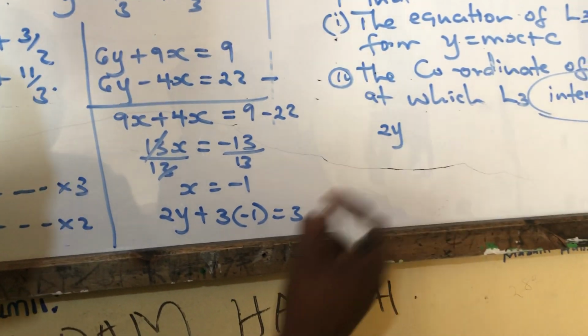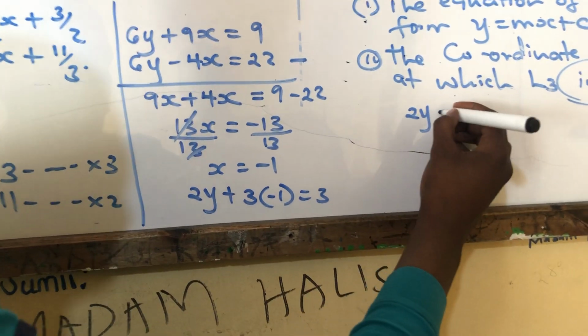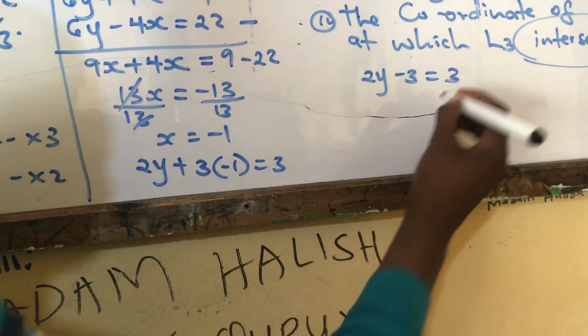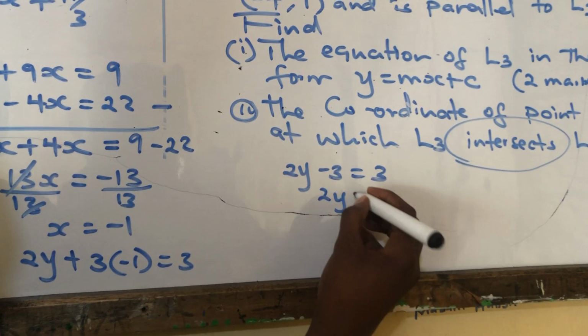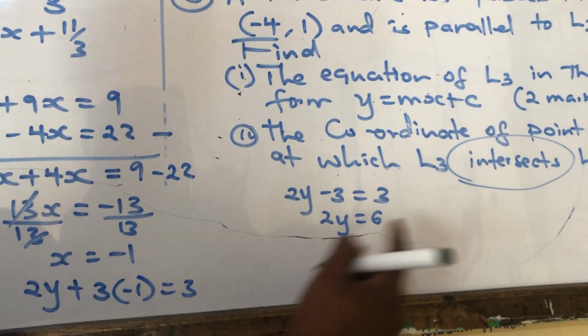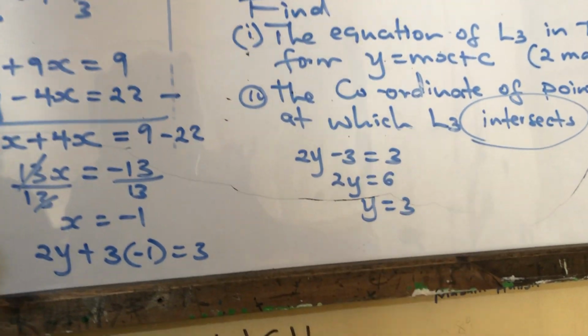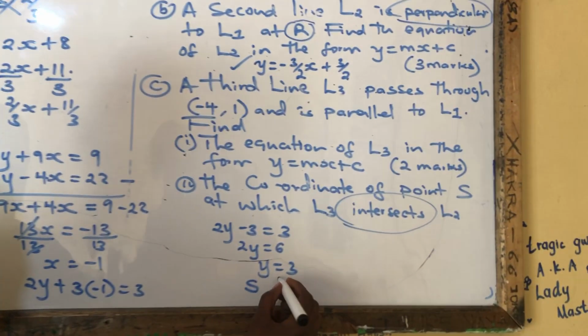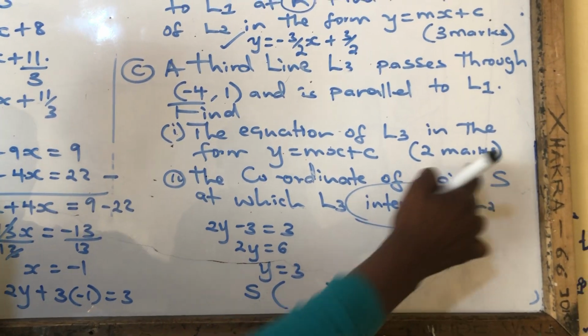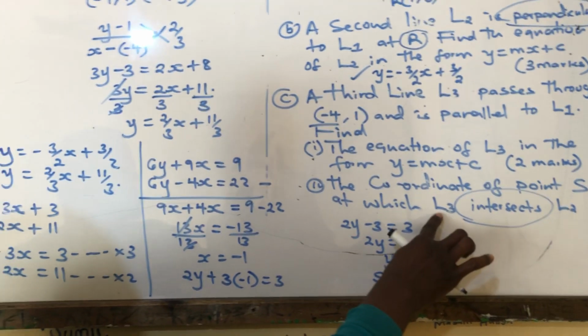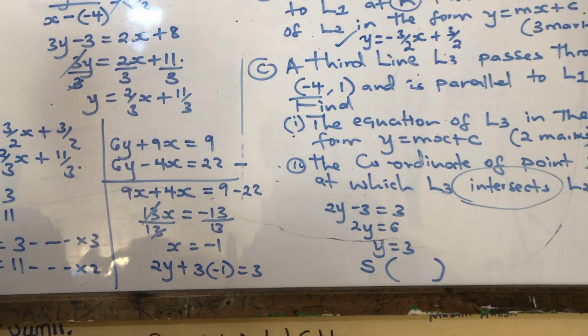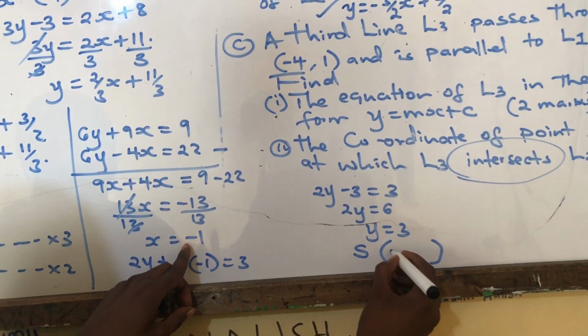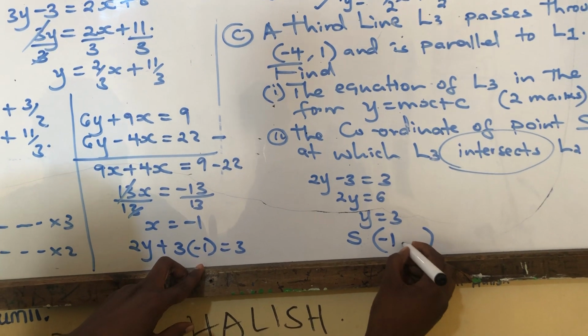So 2y, 3 times negative 1 is negative 3, is equal to 3. 2y is equal to 6. Divided by 2, our y becomes 3. So what will be the coordinate of S? The coordinate of S, where L3 and L2 intersect, will be given by negative 1, positive 3.